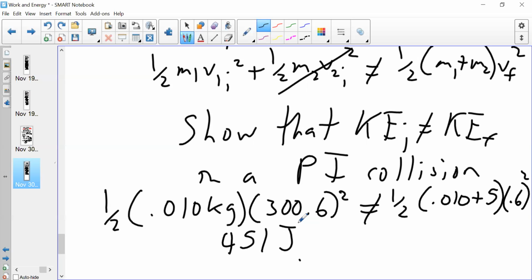Obviously, very much not equal. And then on this side, 0.9 joules. Okay, so that's just another easy proof that the kinetic energies are not equal in perfectly inelastic collisions. And last time we showed that the momentum is equal.